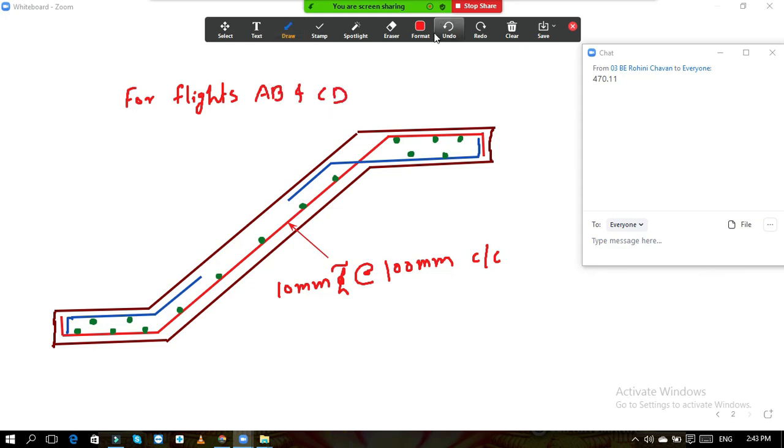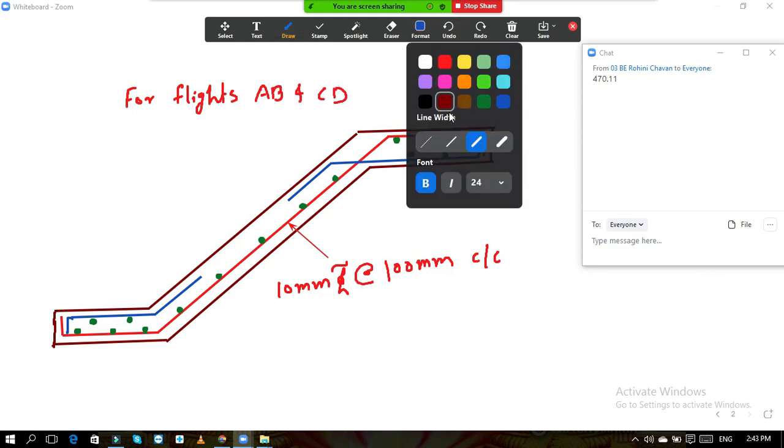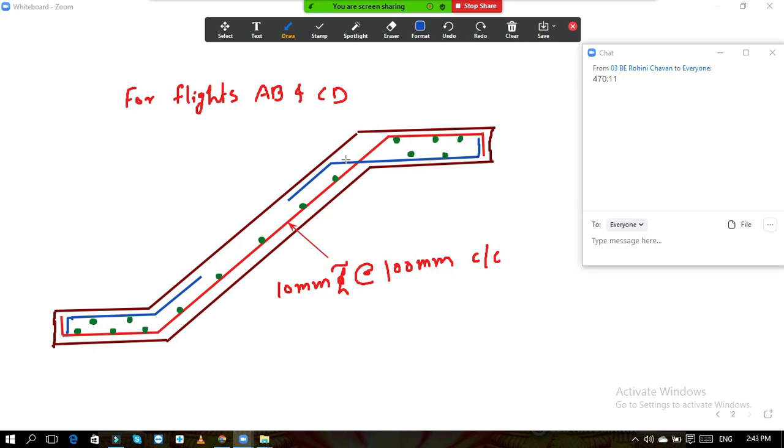So now again, here it is this bar. This is the extra bar, which is the alternate bar.